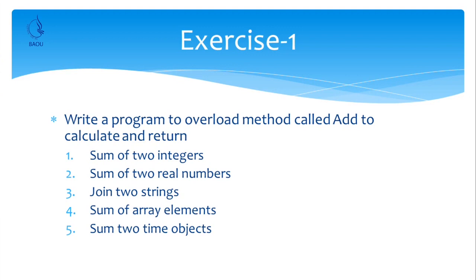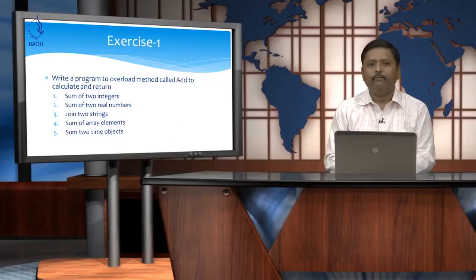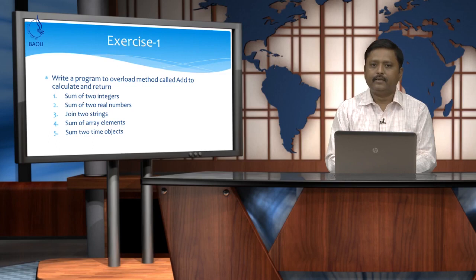If strings are provided as arguments, you want to join them, and you have to sum the array elements if an array is provided as argument, and finally, you have to sum 2 time objects. We already discussed how to sum 2 times in the previous lecture. So, you have to write down this exercise.